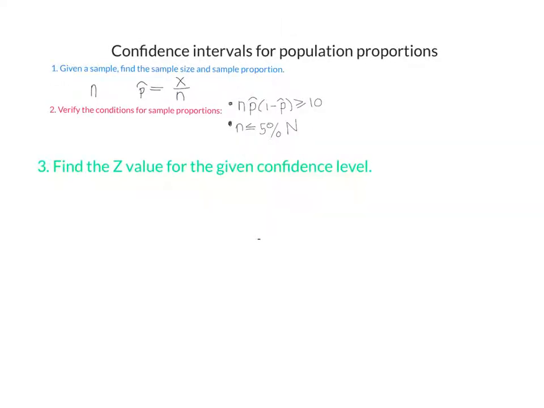Okay, the next step is pretty straightforward. You're going to find the z-value for the given confidence level. Just a quick reminder: if I have, for example, a 95% confidence level, that would be 0.95 area of the confidence. Outside of the confidence level helps us calculate our margin of error.